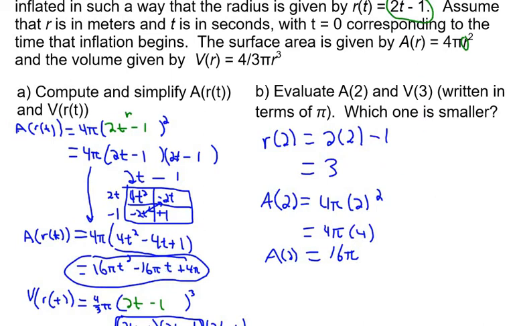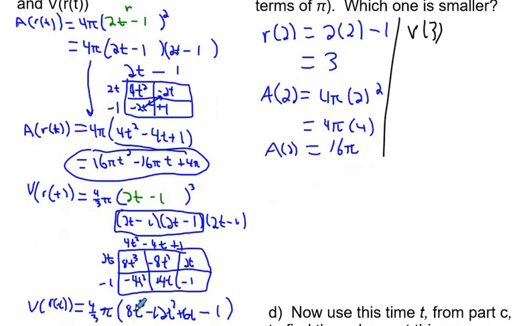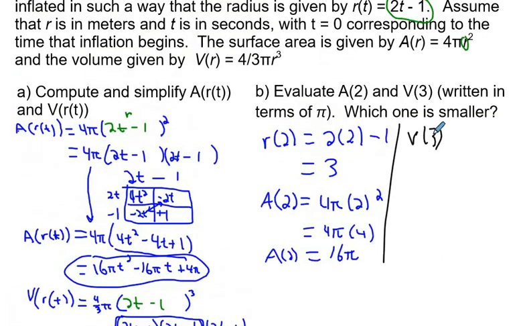Okay, so to find the other one, I'll do that in a different color. To find v of 3, same idea. I'm going to put the 3 into this, okay? Or I could put the 3 into here and then put that into there. So that would be 2 times 3 minus 1.